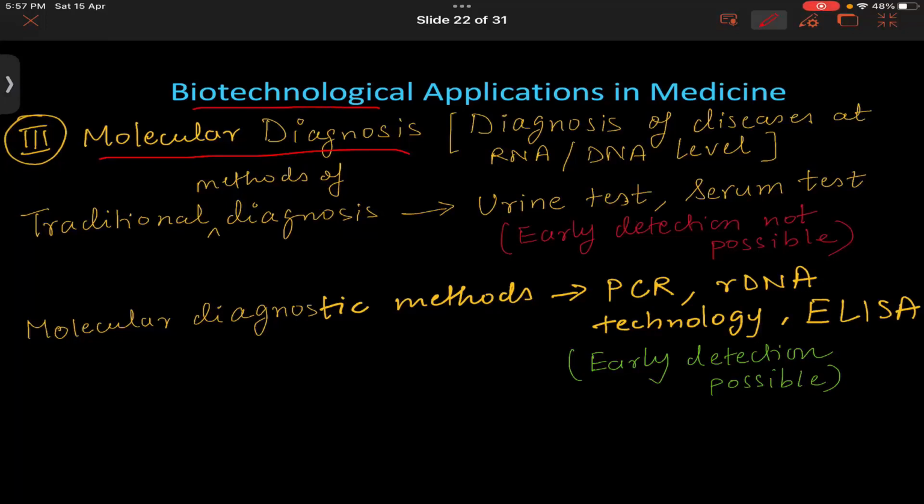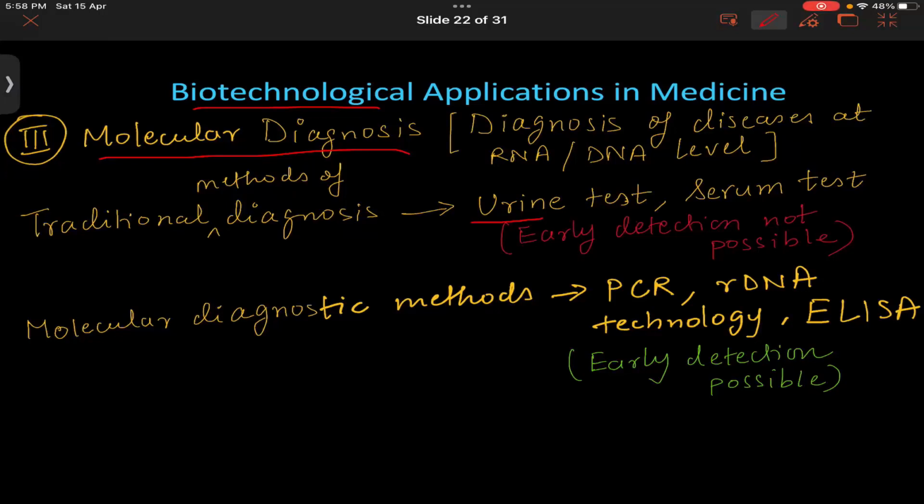So traditionally, any disease is diagnosed by doctors asking patients to give their urine sample or blood sample, and then they analyze the contents of their urine or of the serum. That is how they detect if any foreign pathogen or foreign proteins are present in the blood or urine.